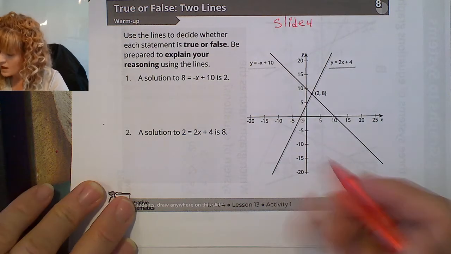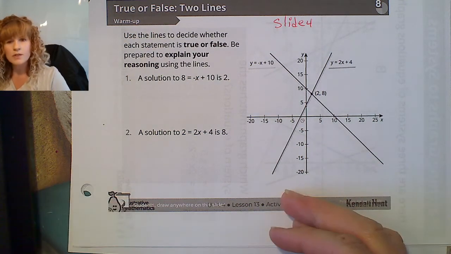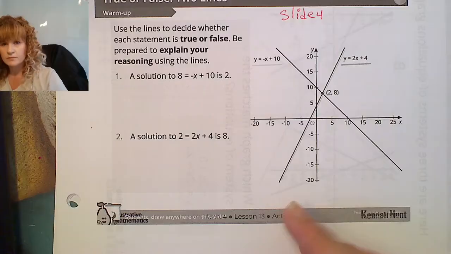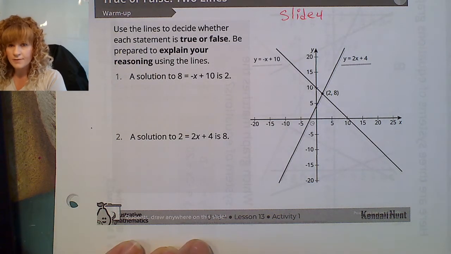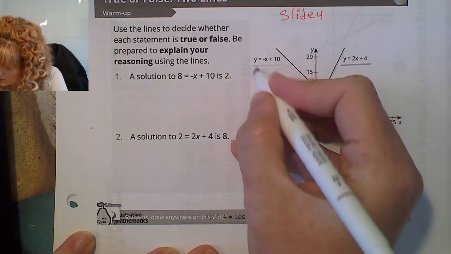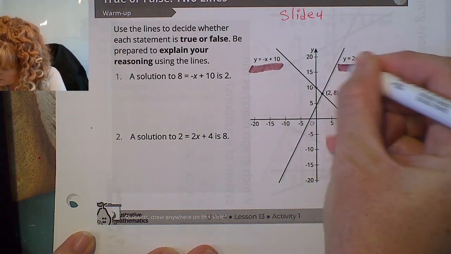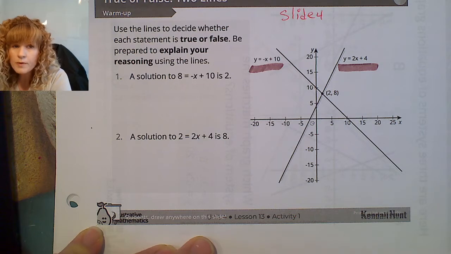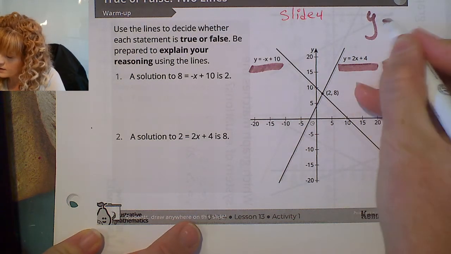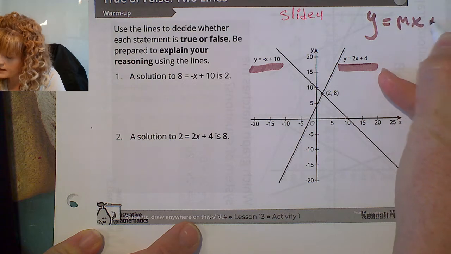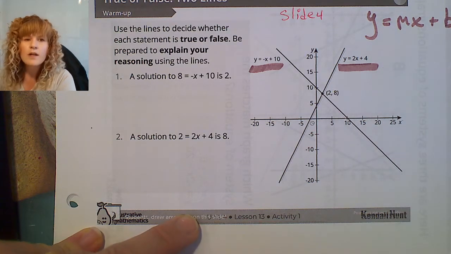Okay, it is. Now on slide 4, there are two equations given. And both of the equations are graphed. So here's one equation and here's the other equation. I hope you remember the golden equation: y equals mx plus b.